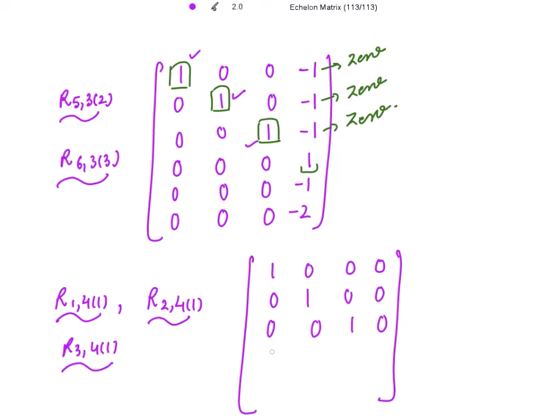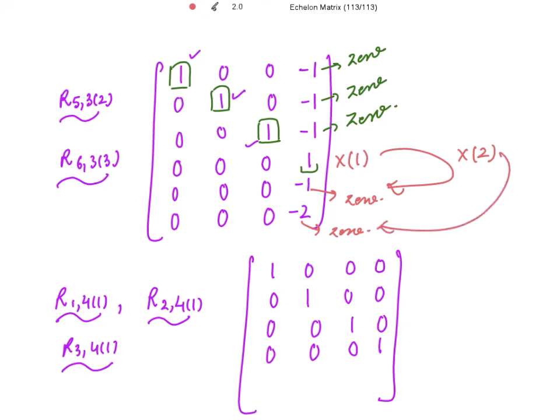Writing the fourth row as it is, to get 0 in place of -1, multiplying row 4th by 1 and adding its elements to row 5th. And to get 0 in place of -2, we need to multiply the 4th row by 2 and add its elements to the 6th row. So on applying the operations, we get 0 0 0 0 and 0 0 0 0 for the 5th and the 6th row.